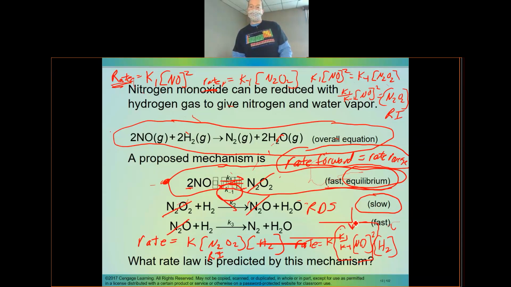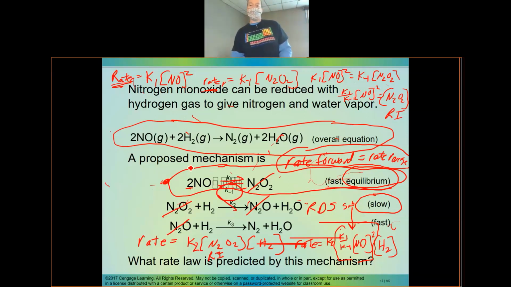That part has been substituted. So we did a substitution. We did our definition of equilibrium. And now you have a K times a K1 over, well, it should probably be written as a K2. So down here, when you write it from here, it's a K2. So you have a K2, K1 over K minus 1. All those Ks don't mean anything. They are all constants. And a K times a K times a K is going to give you another K. So a constant times a constant divided by a constant gives you a constant.